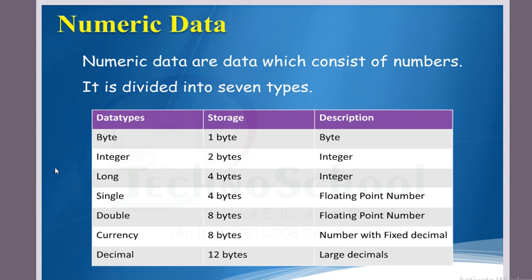See here, it's divided into 7 types. The following data describes the numeric data types. So these are the data types and the storage, and then this is the description. For example, if we take the data type as decimal, the storage is 12 bytes and the description is the large decimals.